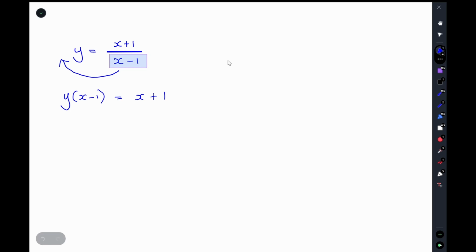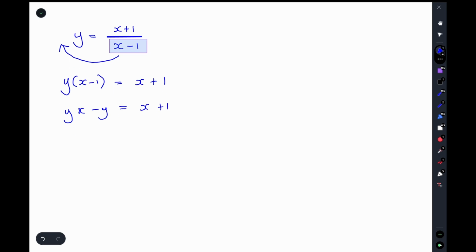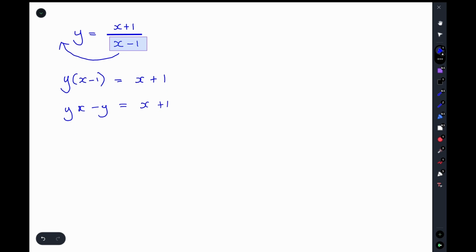We then expand the brackets. yx minus y is equal to x plus 1. Right? Now we rearrange. So we put all the x terms on one side. So we're going to move this to the left, this to the right. So it becomes yx minus x. So this is plus x.